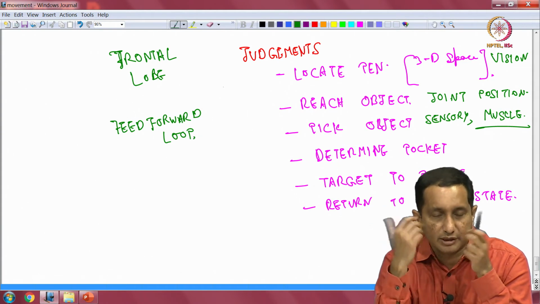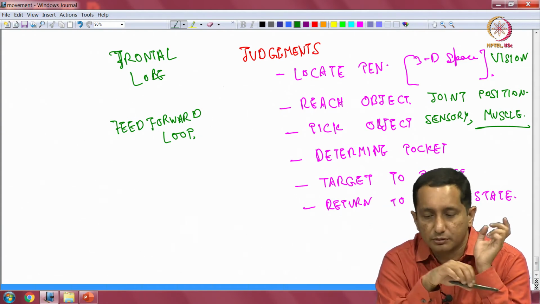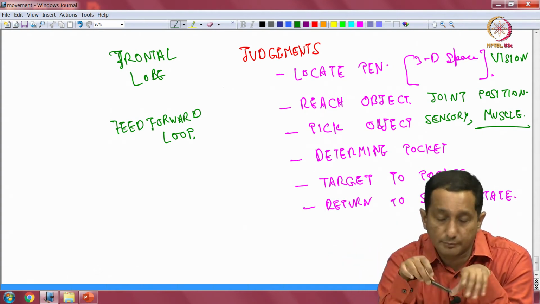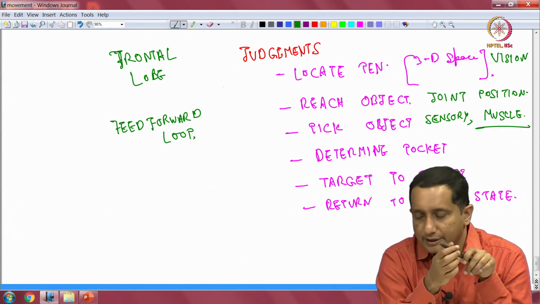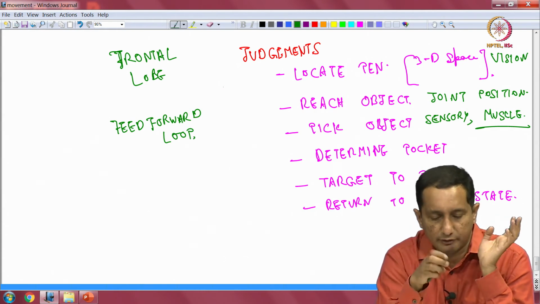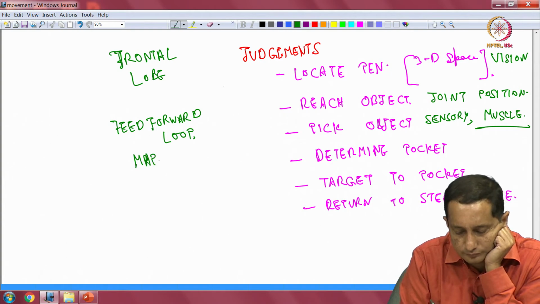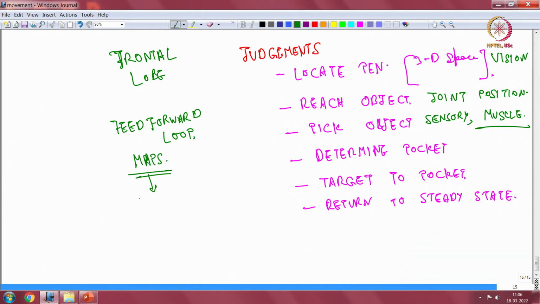You have prior information in your head, and you use it to implement this particular reach and pick task. So, the pick task has sensory information, but it also uses feed forward loops, and it also uses maps. Maps are pre-existing. So, maps basically indicate that you have a state map.